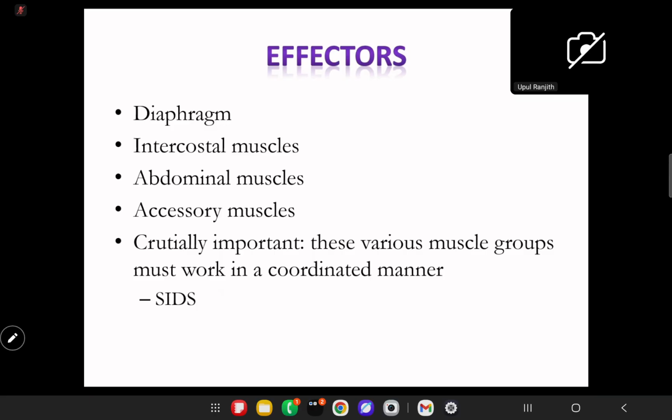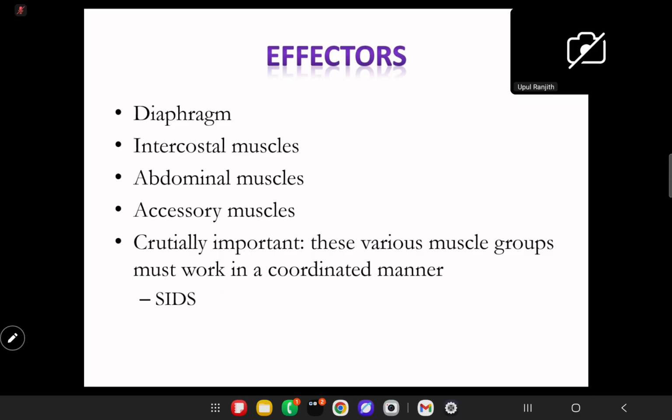Then what is crucially important is the coordination of these various muscle groups. Good coordination is required between these groups of muscles. Now, you have heard about sudden infant death syndrome or cot deaths.